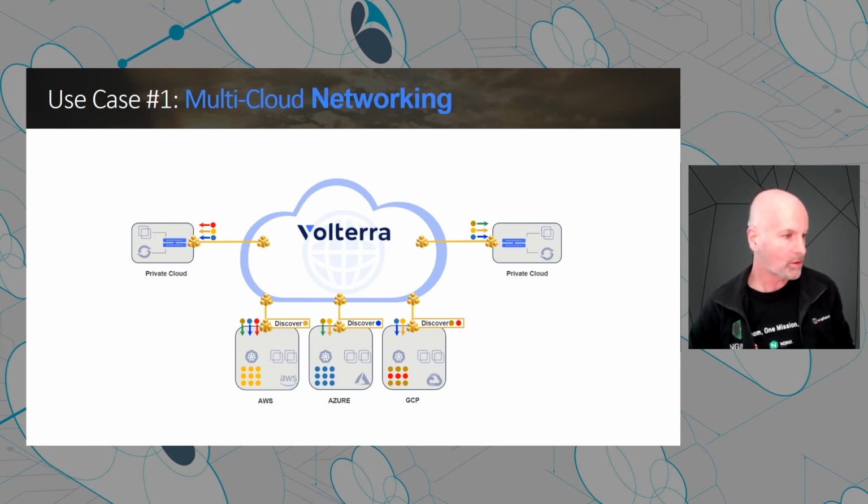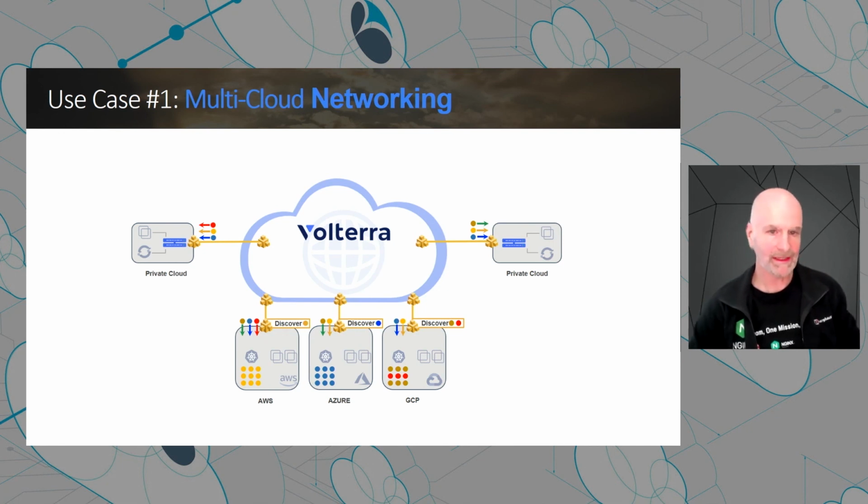Now, the Volterra nodes in those environments discover those applications through various means, service discovery, or using Kubernetes or whatever. And then you can choose to expose that application into other sites. The way that we're doing this means that you don't have to worry about overlapping address space within your environments.